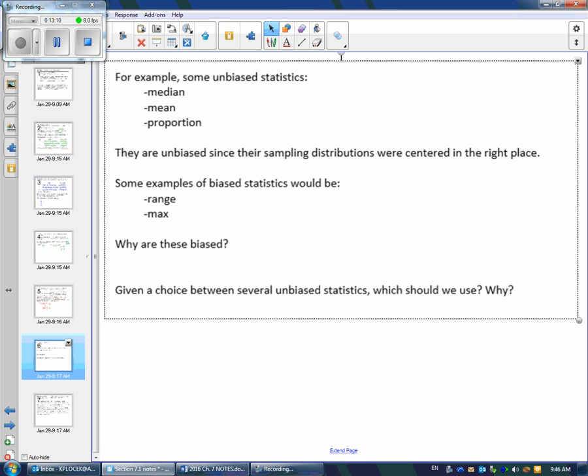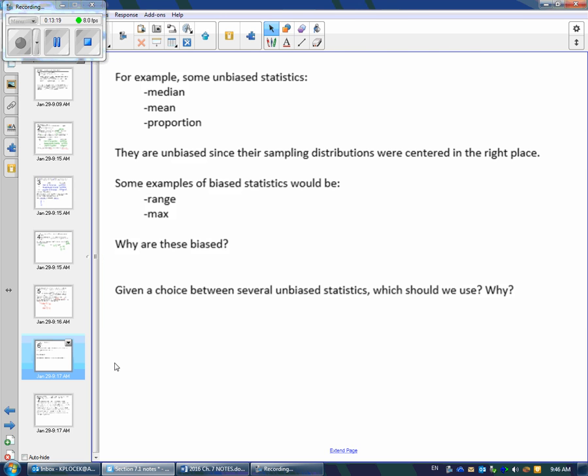For example, some unbiased statistics we have are our median, mean, and proportion. Of course, the median and the mean is usually better when your data is symmetric. They're unbiased since their sampling distributions were centered in the right place.